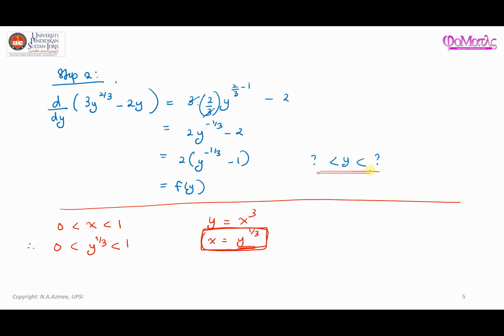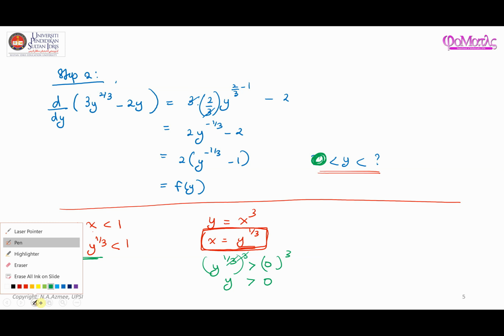So you can consider y to the 1 over 3 is greater than 0. How do you get y? In order to get y, you need to introduce exponent 3 on both sides. By doing that, you can cancel out 3 and 3. So therefore y is greater than 0. Therefore, we can write the result here: y is greater than 0. Next, we're going to focus on this part.